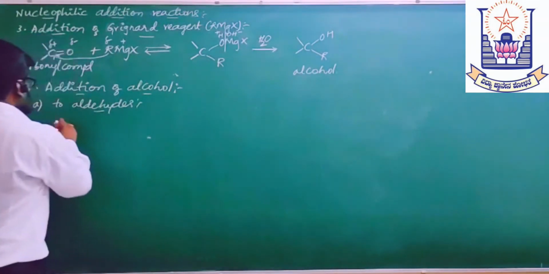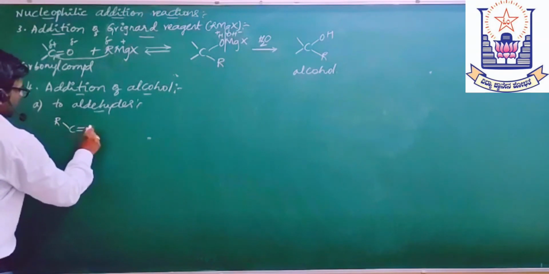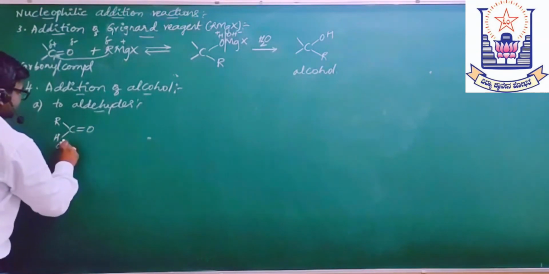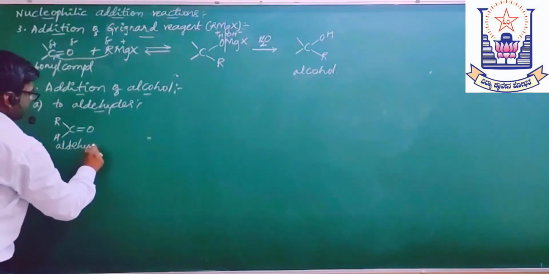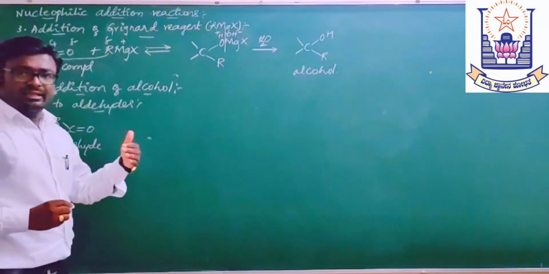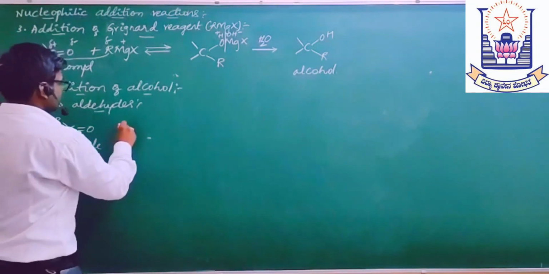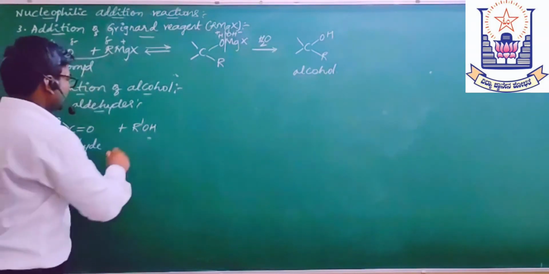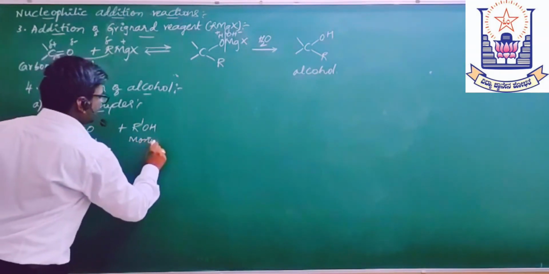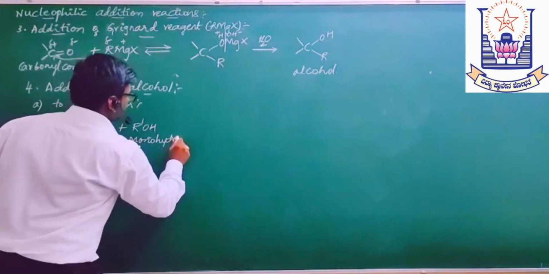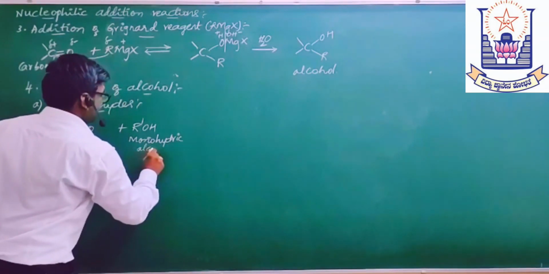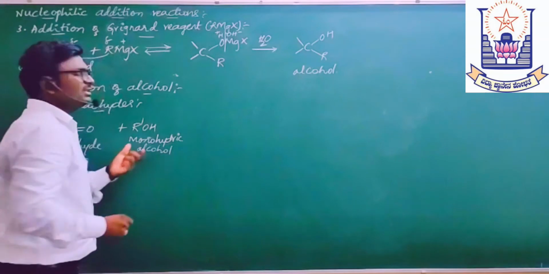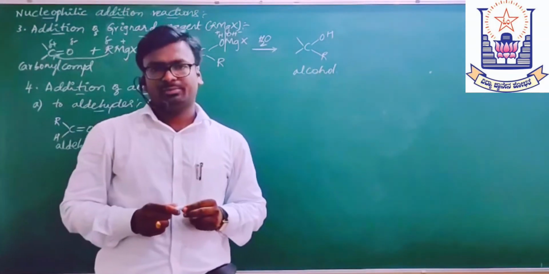Take RCHO. This is an aldehyde. And take a monohydric alcohol, for example R-OH. Monohydric alcohol means the alcohol with one OH.